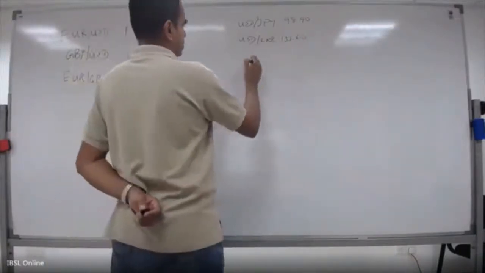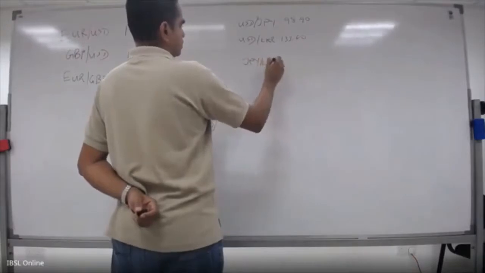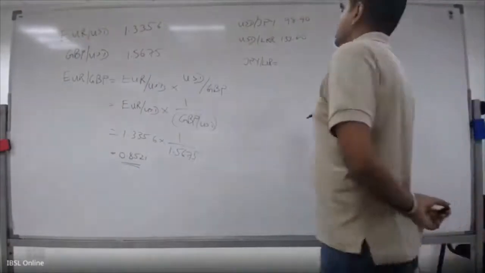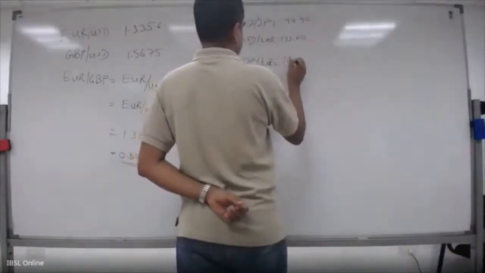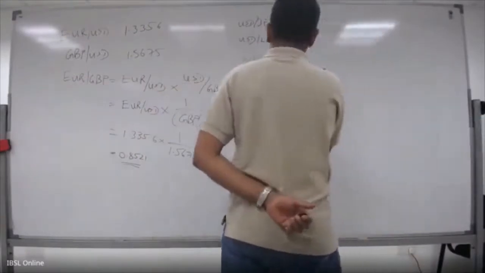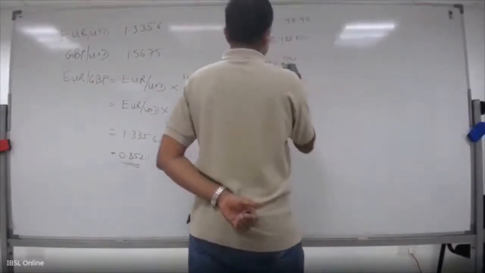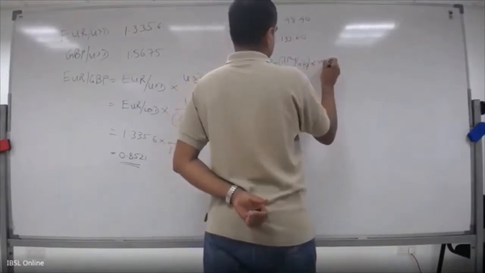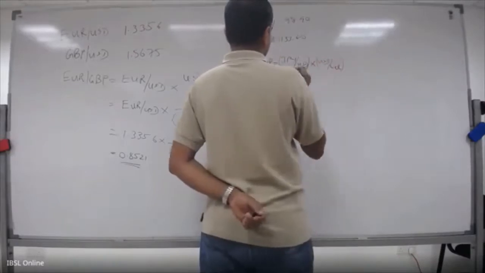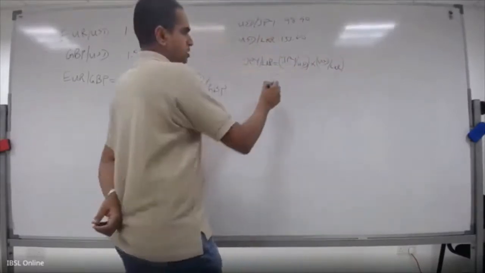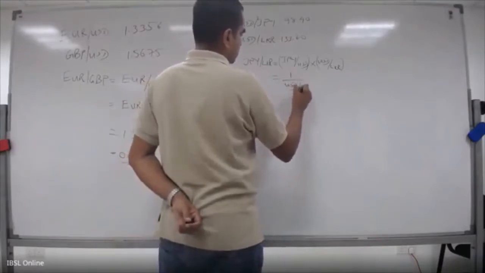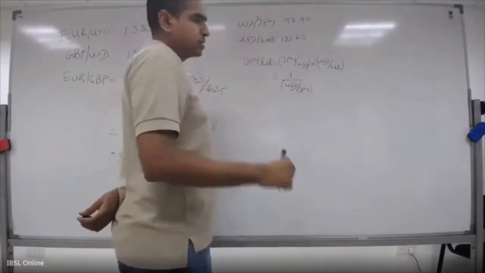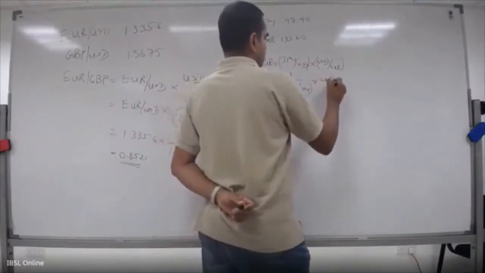The question is, what is yen rupee? Using a similar concept and inserting dollar in between, this will be yen dollar into dollar rupee. Yen dollar is the inverse of dollar yen. What we have is dollar yen and not yen dollar, so we take the inverse of it into dollar rupee.